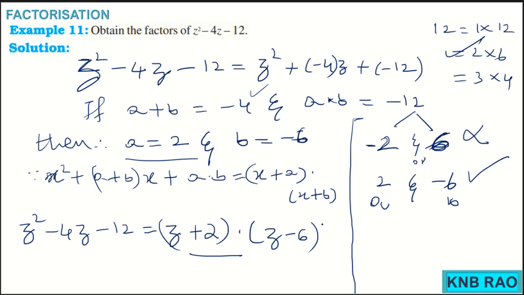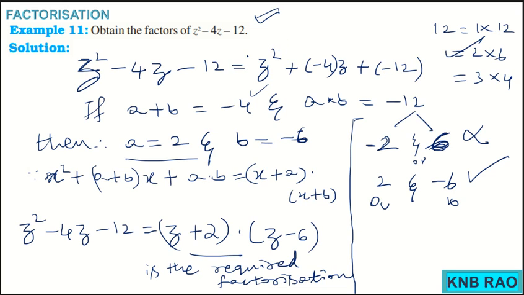So z plus 2 into z minus 6 is the required factorization. If you have any doubt, you can multiply these two and check whether you get the given algebraic expression or not. Okay, that checking you can do.